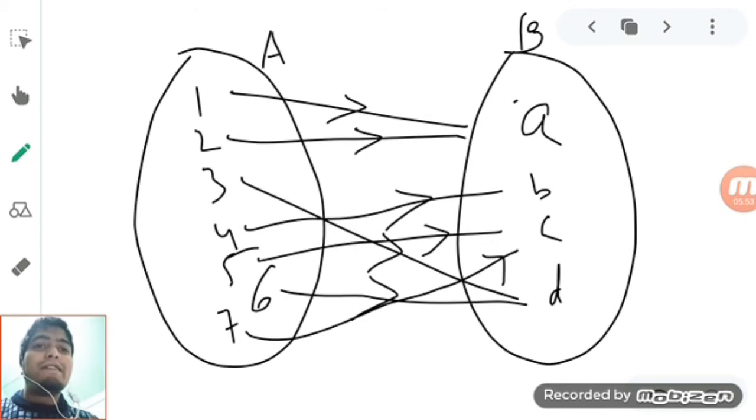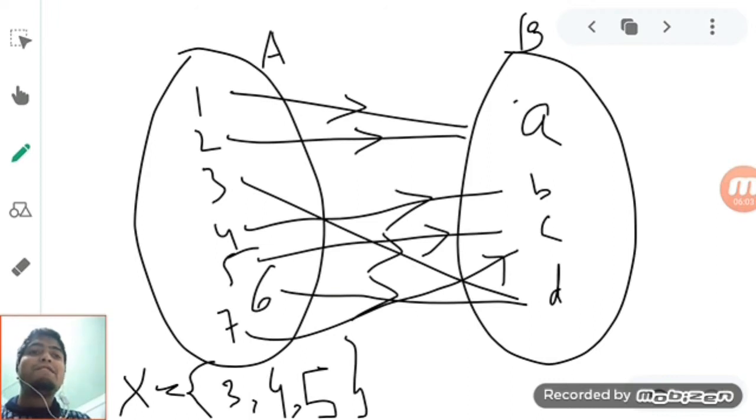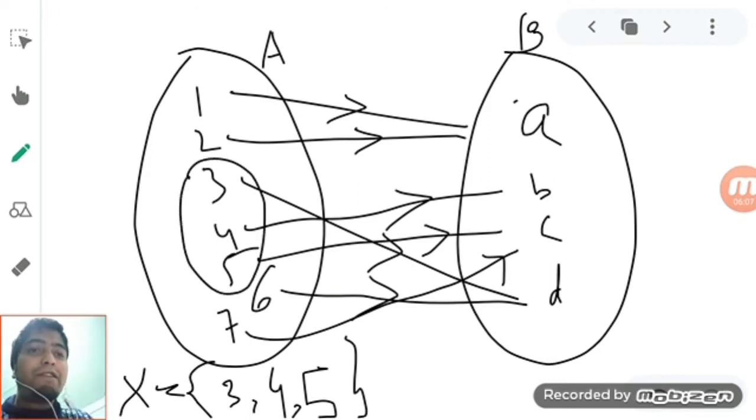Suppose we take the set 3, 4, 5. Maybe I will denote it with H so that you won't be confused. H is 3, 4, 5. What will be the image of 3, 4, 5?